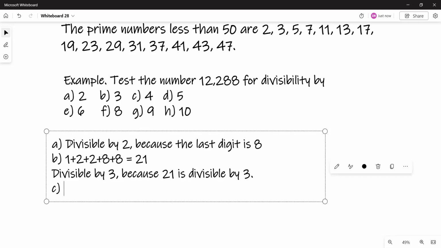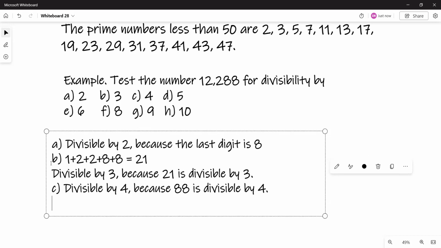It is also divisible by 4 because 88 is divisible by 4. This one is not divisible by 5 because the last digit is not 0 or 5.